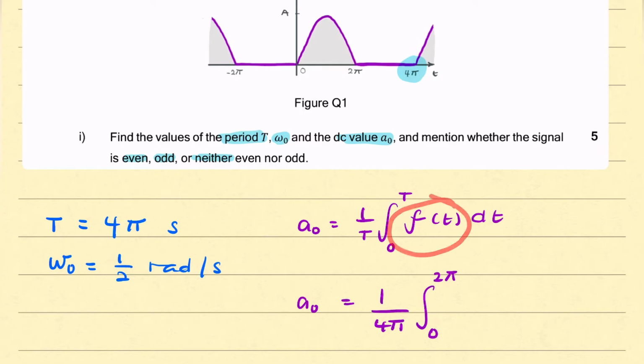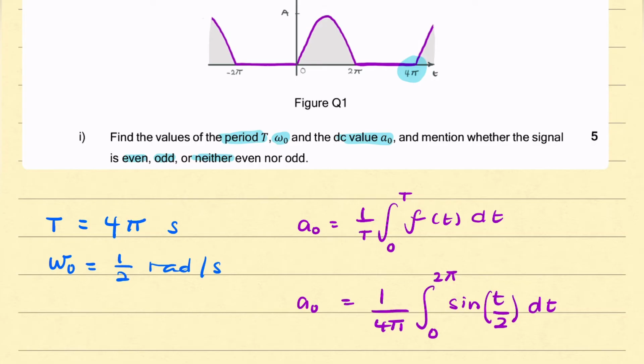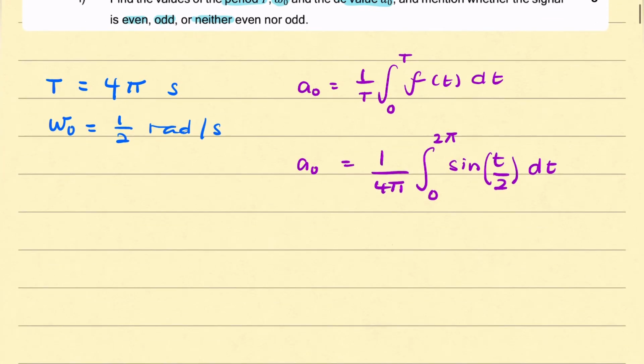Now f of t is a sine wave with a period of 4 pi. So that would be sine t over 2 dt. So that's the expression we'd need to find the DC value. This is an easy enough expression to integrate.